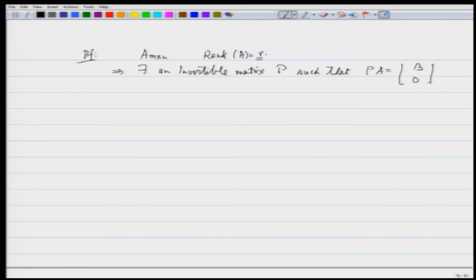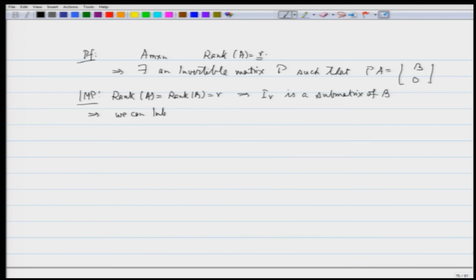Fine. Important, rank of A is same as rank of B, which is equal to R, implies I_R is a submatrix of B.